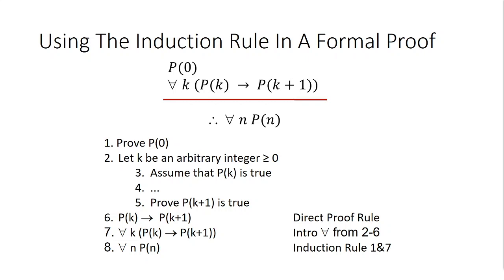Then P of k plus 1 is our question: is that true or not? We know that P of k implies P of k plus 1 is true. If we can prove that P of k plus 1 is true, that shows that all the cases are true.